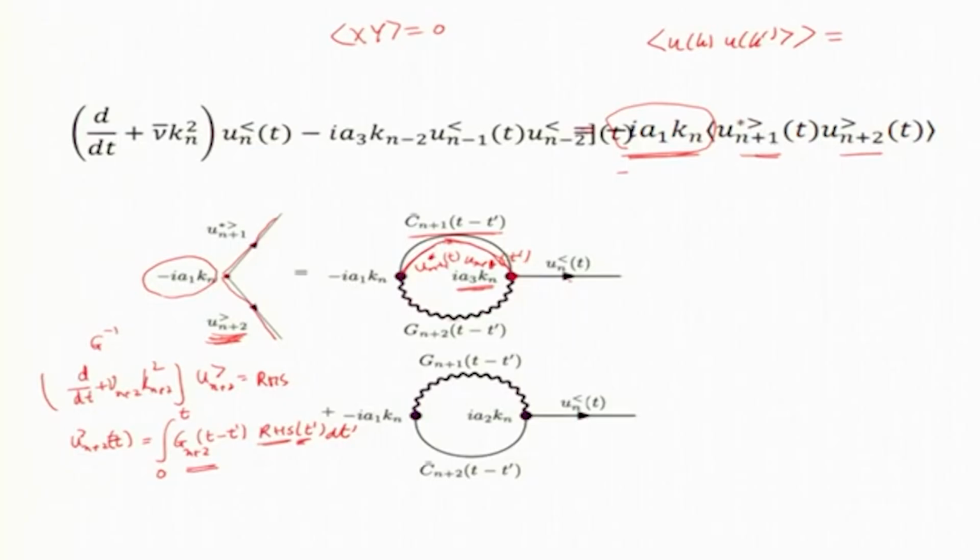So, this is the time t, the t prime, that is why I have t minus t prime. Time is stationary, if I shift the origin it does not matter, but it depends only on the difference in time. So, that is the correlation function n plus 1, t minus t prime. I put a bar here for reasons which I am going to show you in a minute, and this is u n less t, which is the same as this term. Okay. So, this part of the diagram, this one is a number, in fact it is not an integral here, it is just a number.